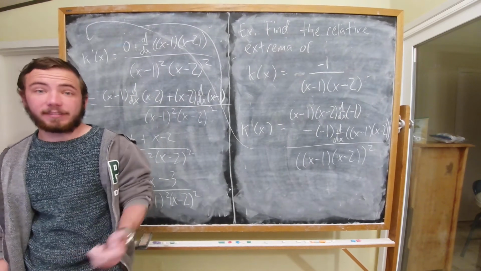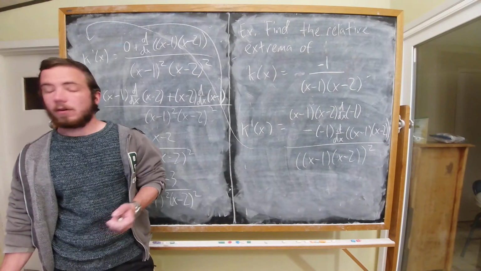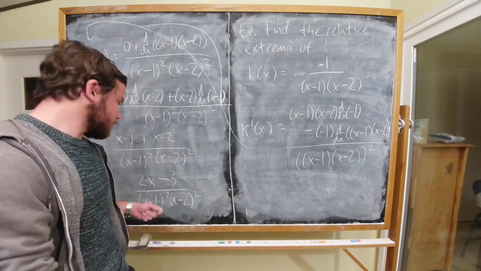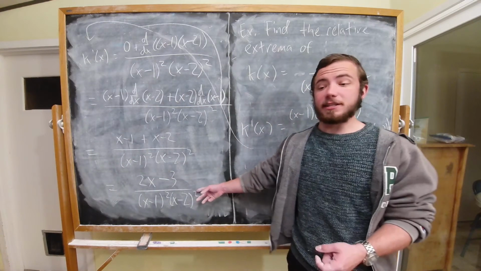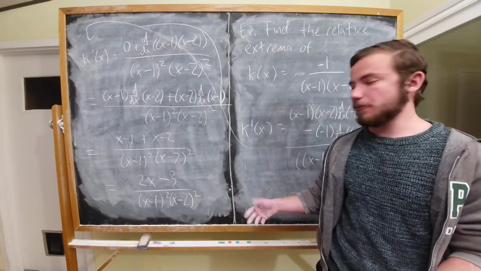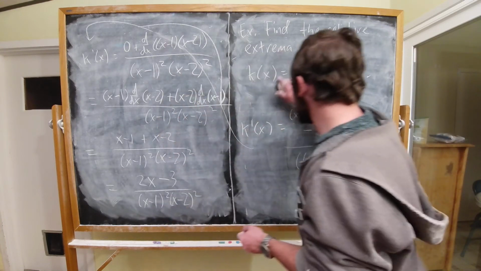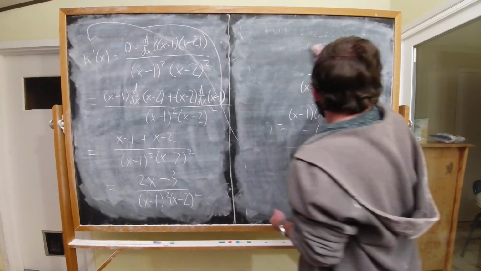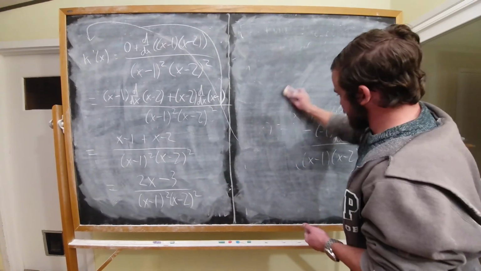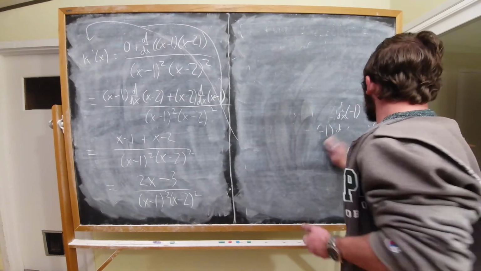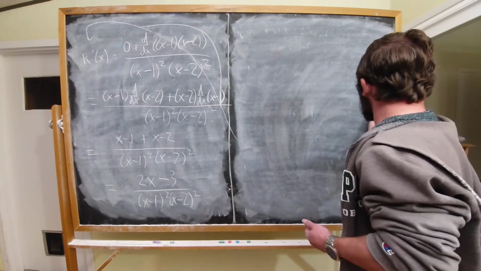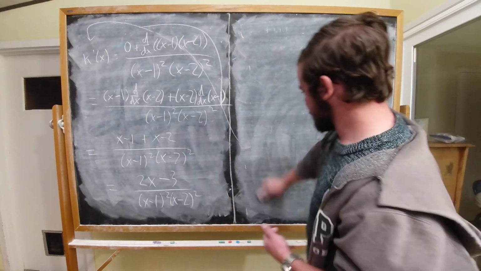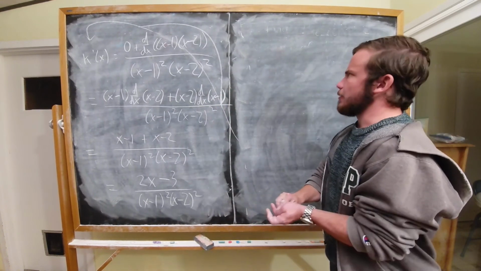All right, let's find some critical points, which in this case are just going to be places where this function is discontinuous or 0. So, let's write it out.